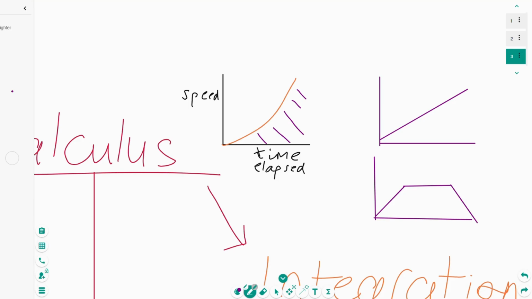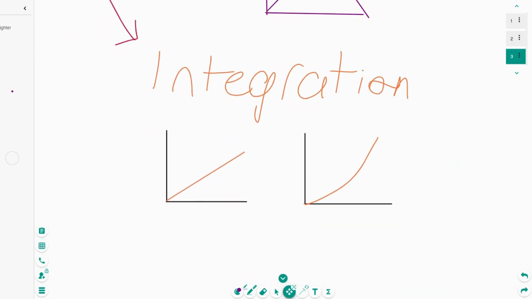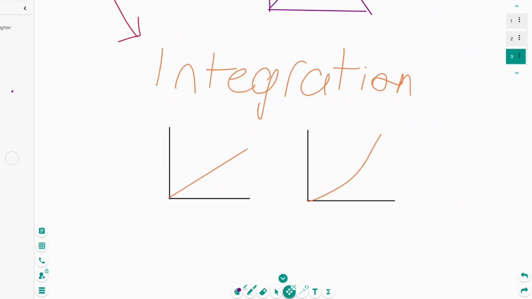We don't know how to find the area under the curve for this graph though. So that's where integration, which is another concept, or the second concept from calculus, comes in. Integration is the ability to find the area under a curve, usually an instantaneous rate of change curve, where the gradient of the curve is continuously changing.